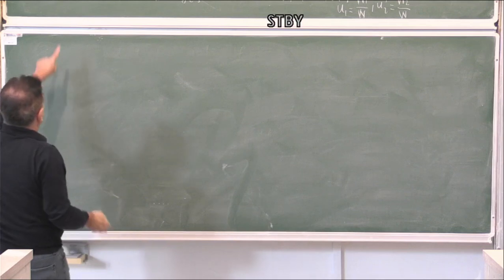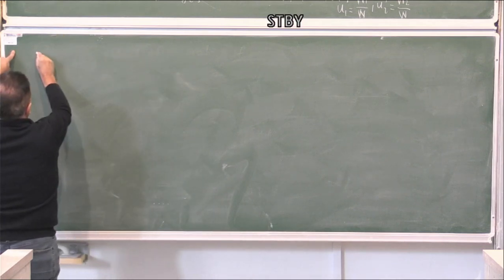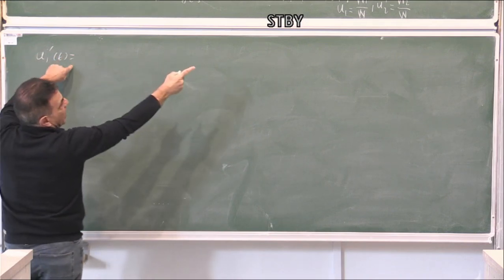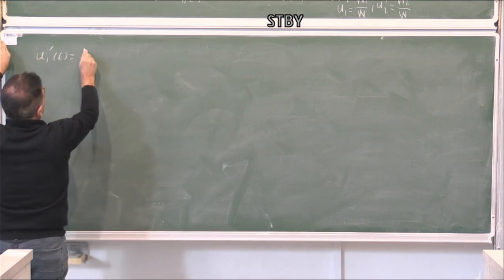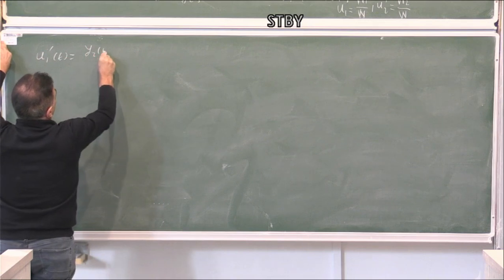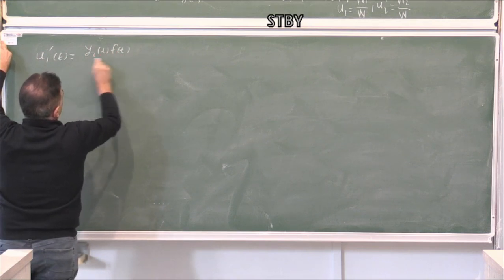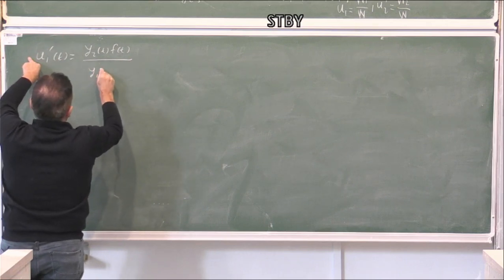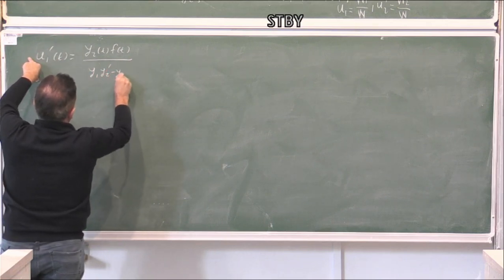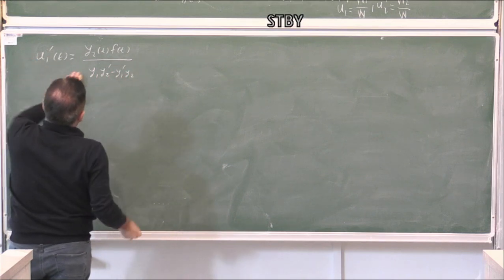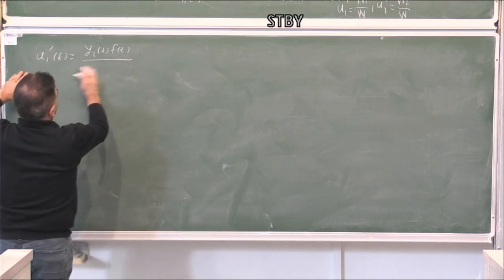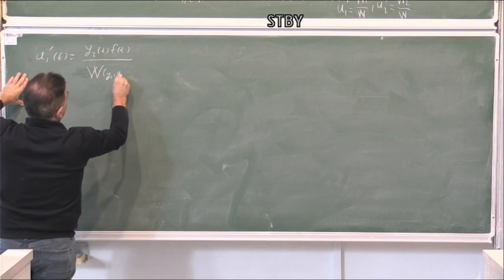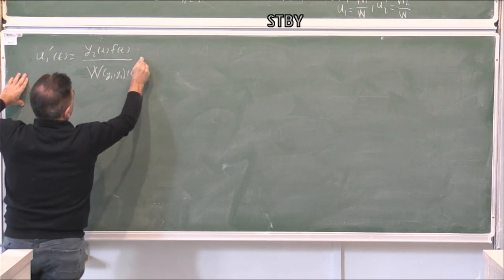So look, from that solution, we find that u1 prime is omega 1 over omega. Omega 1 was minus y2 of t f of t, over omega, that is y1, y2 prime minus y1 prime, y2. Or let's write it in this form, the Wronskian of y1, y2 of t. Okay?